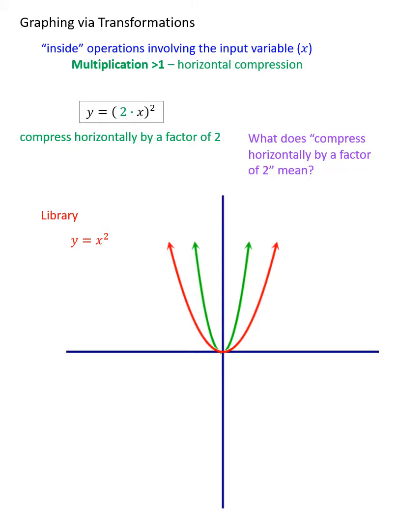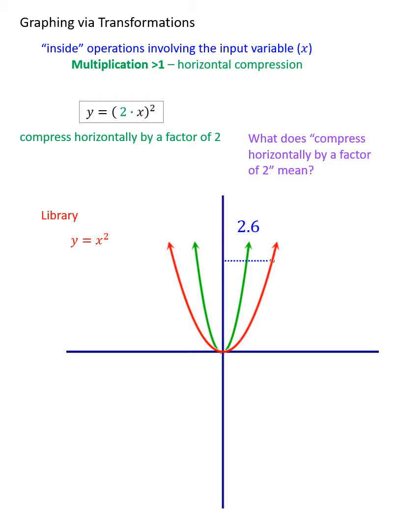And while I am done with the problem, let's say a little bit more here. What does it mean to compress horizontally by a factor of 2? That's a strange sentence. Watch the graph and you'll see what that means. It means if we were to have any random point on this function, the original one from the library, and suppose that point were some distance away from the y-axis. I just made up the number 2.6.